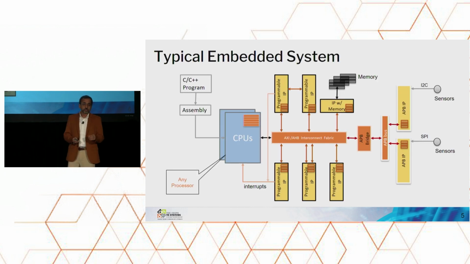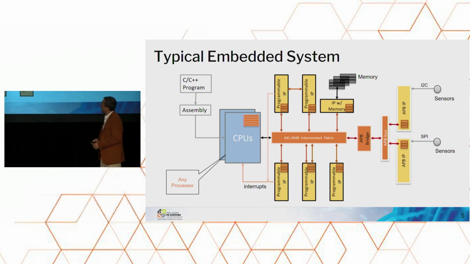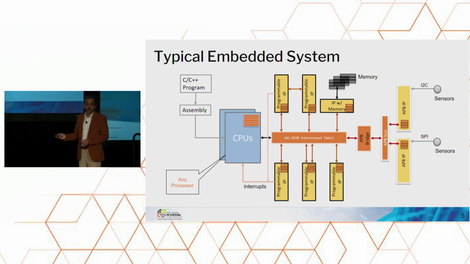Let's start with a typical embedded system where you have multiple CPUs connected to various programmable IPs on the peripheral side. Maybe there are bridges, and there is an interconnect fabric.